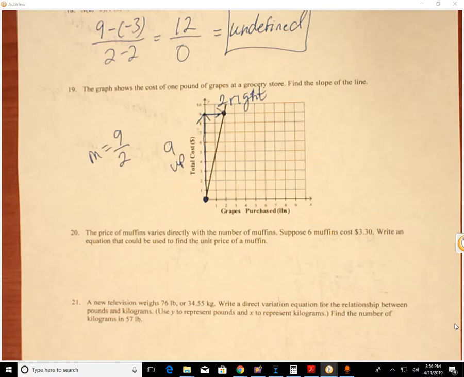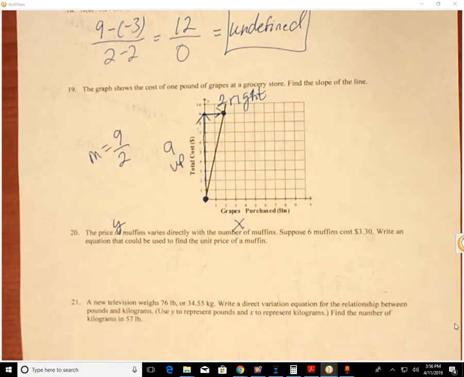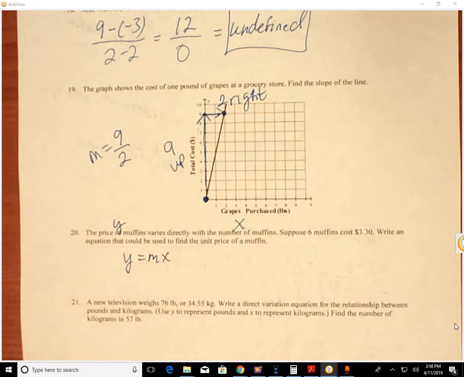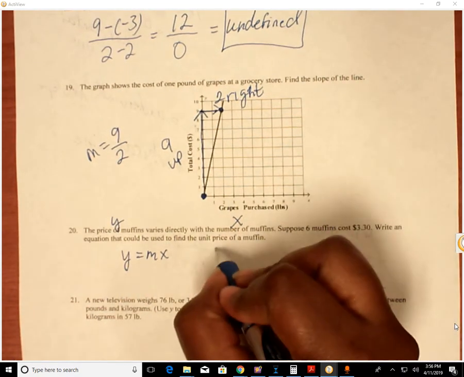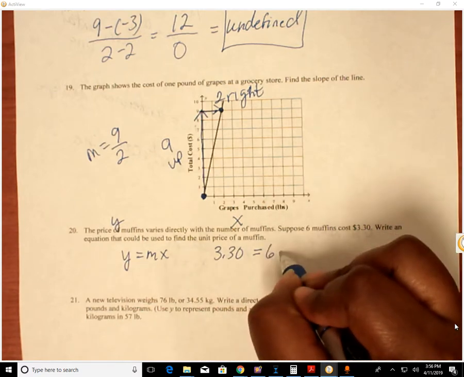All right, so finally we come to direct variation on number 20. It says the price of the muffins varies directly to the number of muffins. And on my board it says y varies directly to x. So our price is y, our number is x. So our direct variation is y equals mx. y is going to be our price, which is $3.30, equals 6 muffins, which is x.